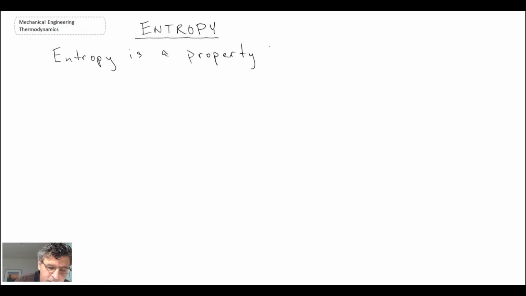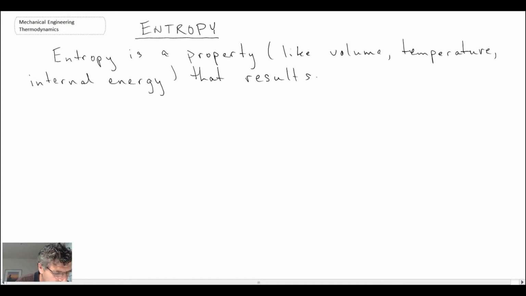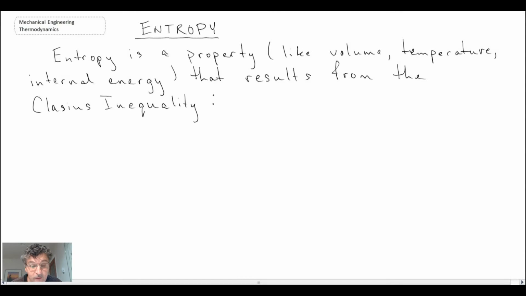So entropy itself is just a property. It's similar to other properties that we've studied thus far in the course. Entropy is a property that results from the Clausius inequality. And the Clausius inequality states the following.